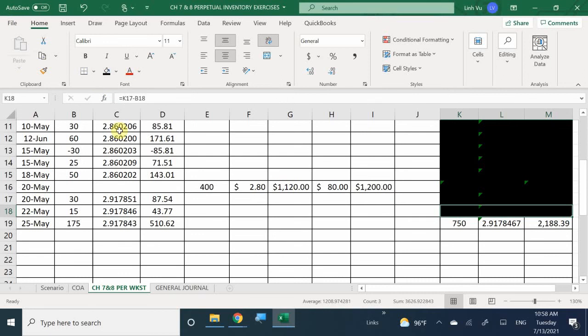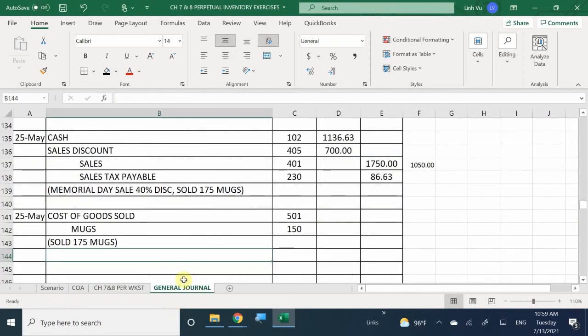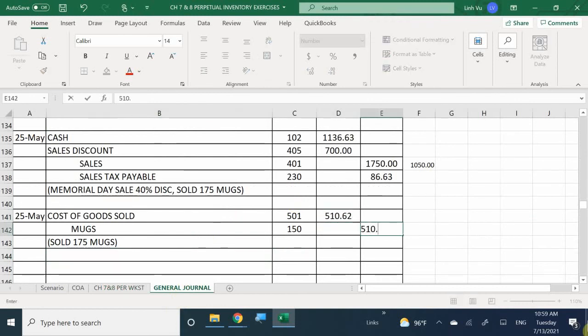But because we're selling by hundreds, it will make a difference overall. Okay. So there we go. That's the last thing that we did here. So now we figured out it was 510.62. So in my journal, I got to put in there 510.62, that I sold a total of $510.62. Okay? That's how much it cost me to sell those items.